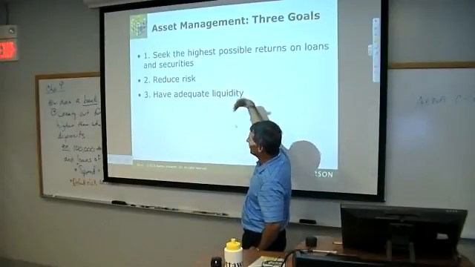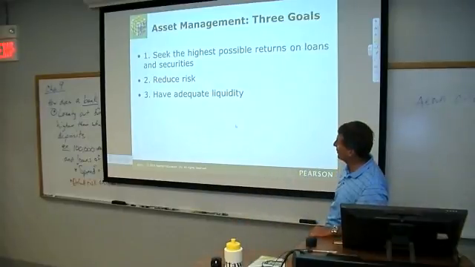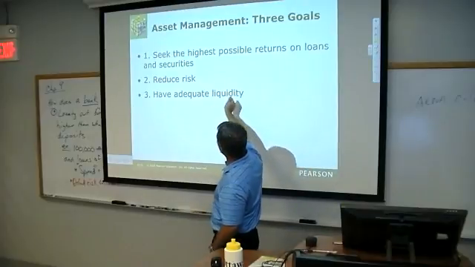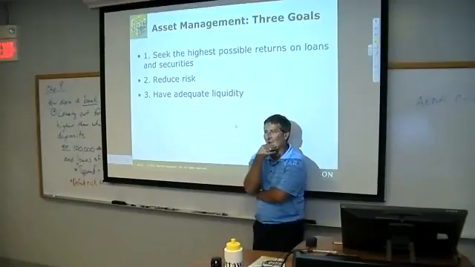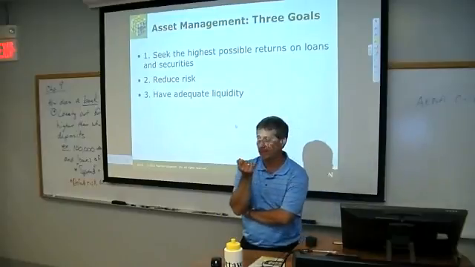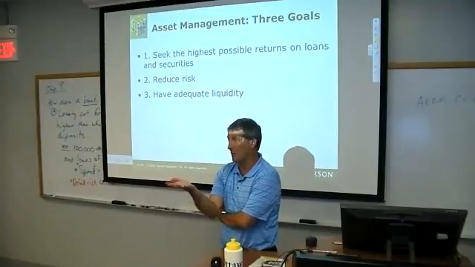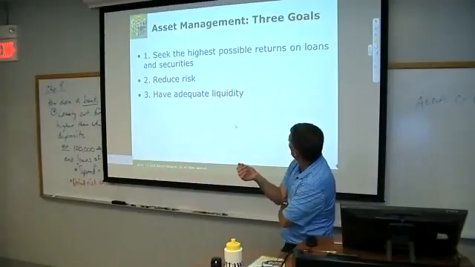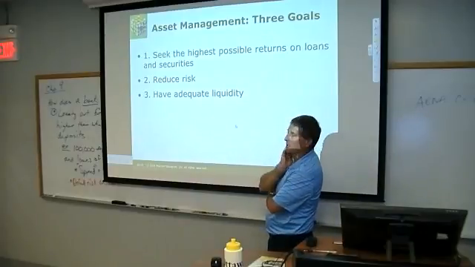Reduce risk, where on the deposit side, we kind of look all over. Have adequate liquidity. Why is that maybe contradictory to some of this? What does it mean to have adequate liquidity? Money on hand, potentially, right? That'd be the most liquid thing, if we have lots of cash on hand. And why is that contradictory to number 1 or number 2?